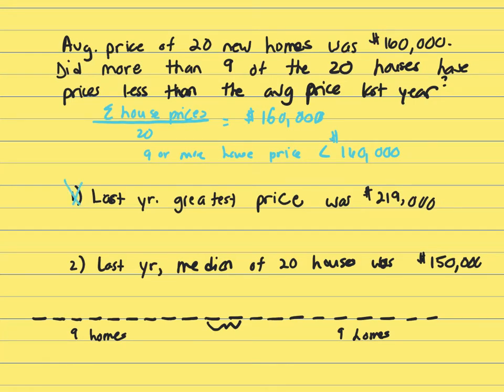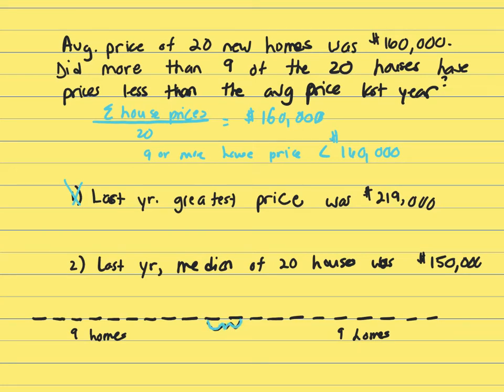Clue 2. Last year, the median of 20 houses was 150. So what I've done here is I've drawn 20 blanks, and let's assume that our house prices are in increasing order, and the median is, in this case, I have an even number of house prices, so the median is going to be the average of these two right here.